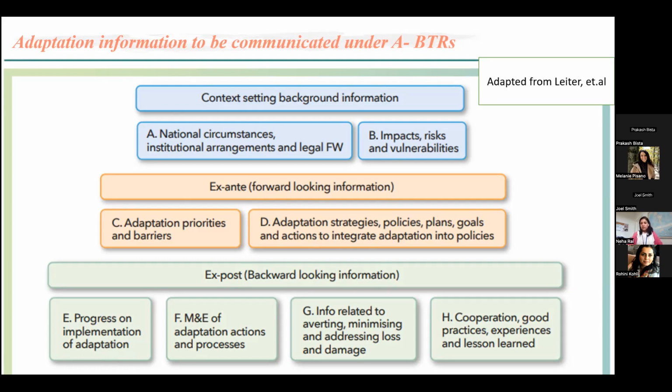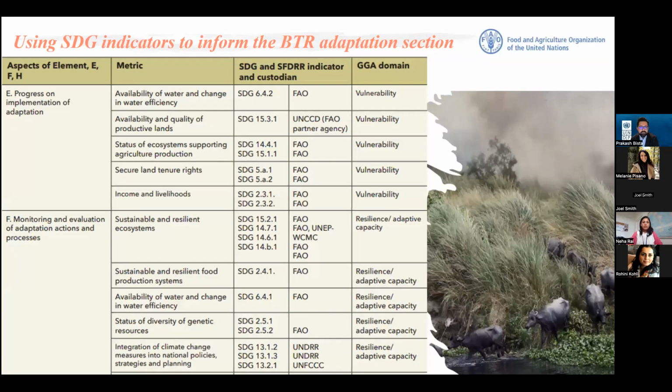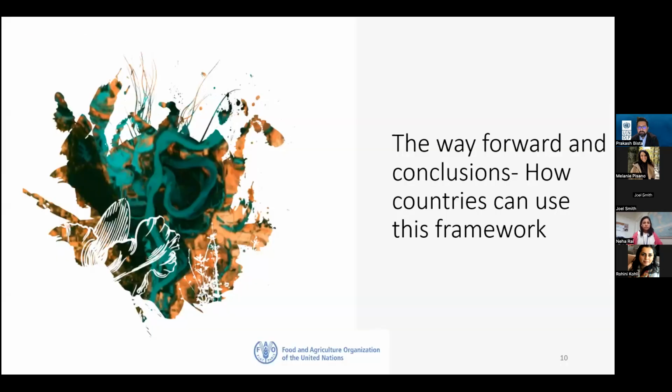As I mentioned, these BTRs are voluntary, but countries are more and more interested in submitting them, primarily because they can be a way to assess national response to climate change, as well as making sure that we can access finance by showing adaptation actions are working or not working.